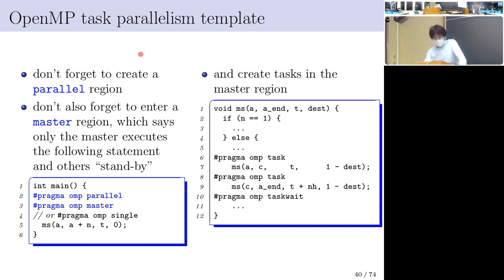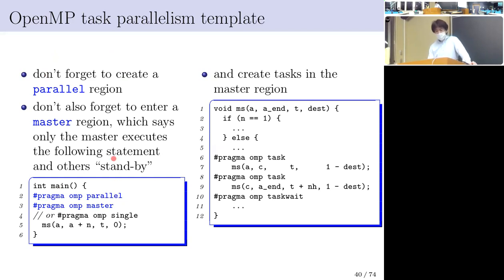Here's the typical template in which you want to use task parallelism. Like the OpenMP for loop, you still first need to do this omp parallel in the beginning.